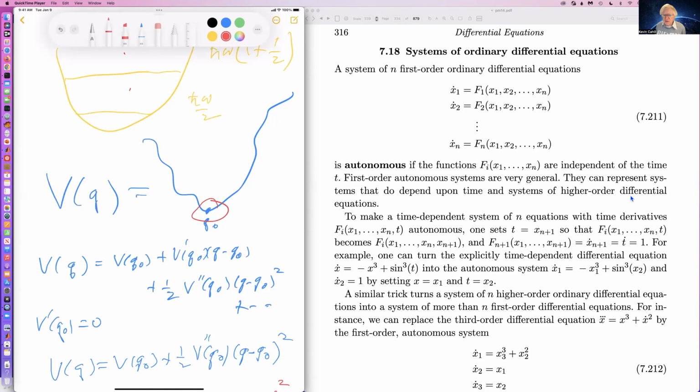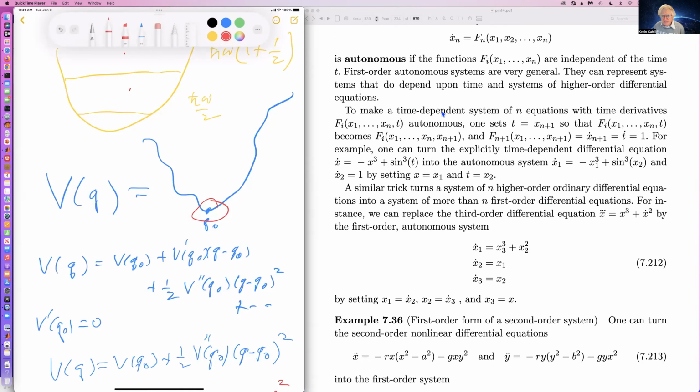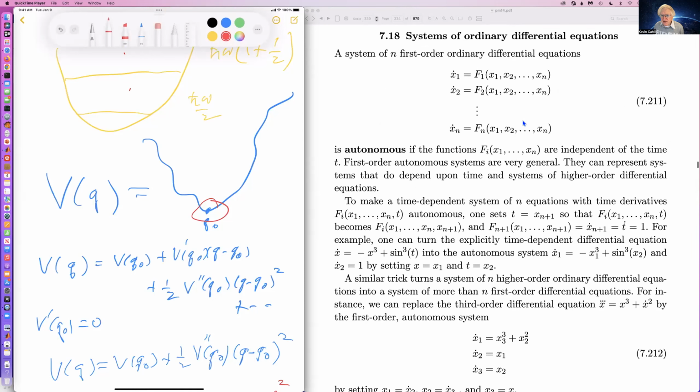So an enormous variety is possible here. And suppose we want to make a system of n equations here with time derivatives autonomous.